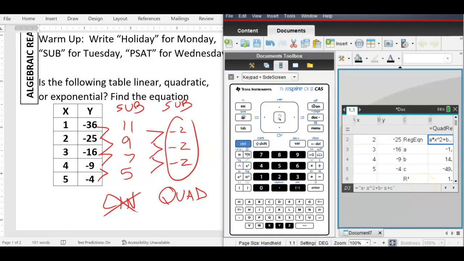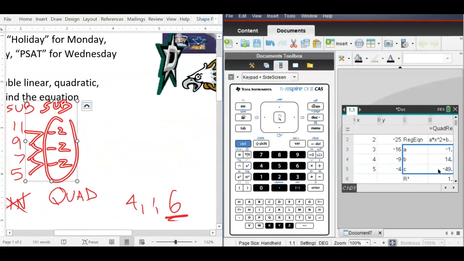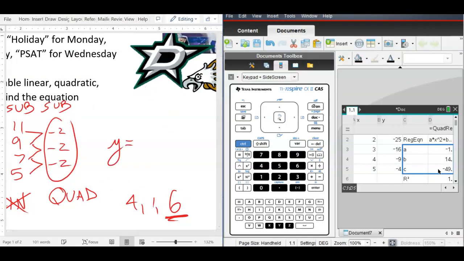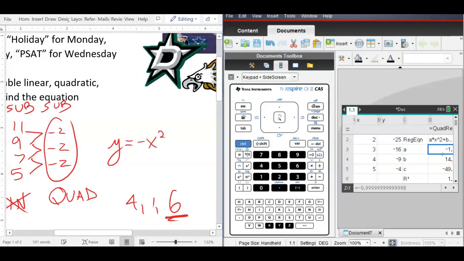Now, when you do that, it's going to give you three numbers, A, B, and C. So if A is negative 1, B is 14, C is negative 49. Well, let's write this equation out. I'm going to start with y equals, my A value is negative 1x, and then x squared goes next to it, so I'm going to put negative x squared.